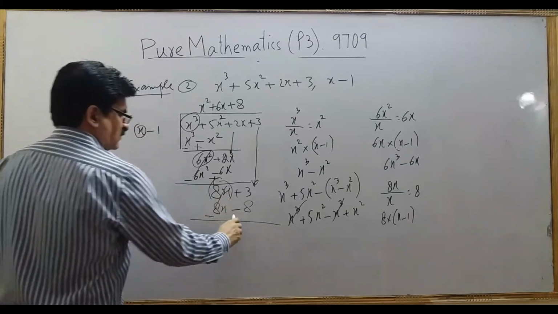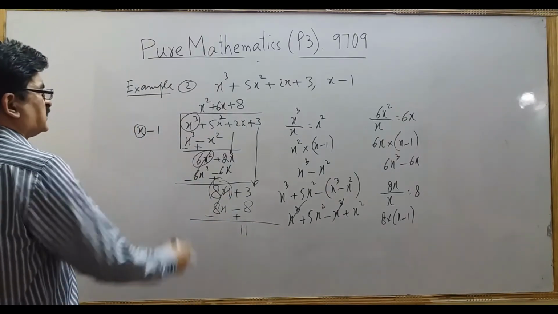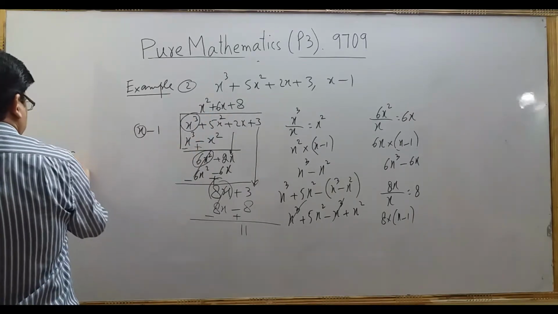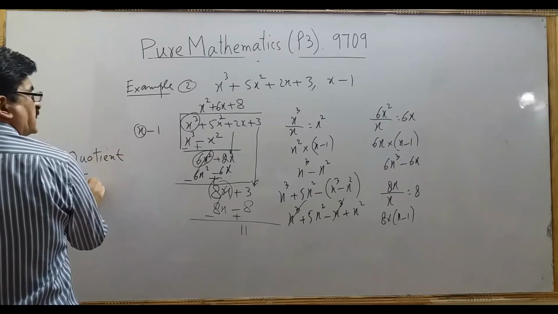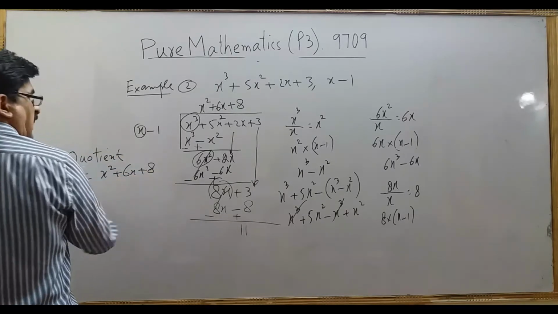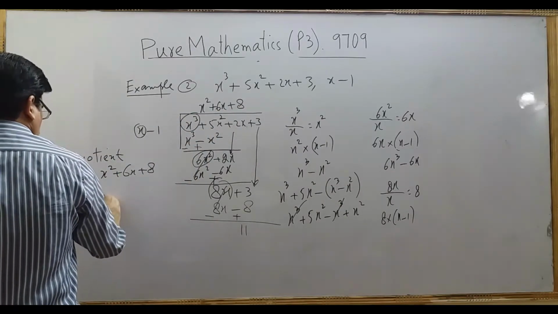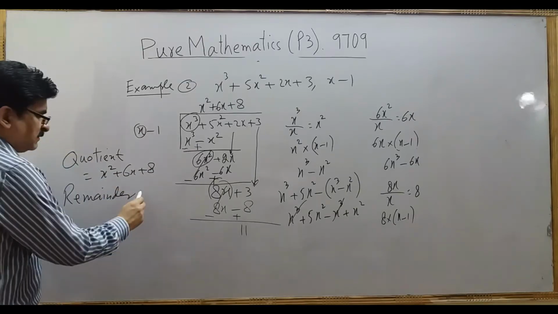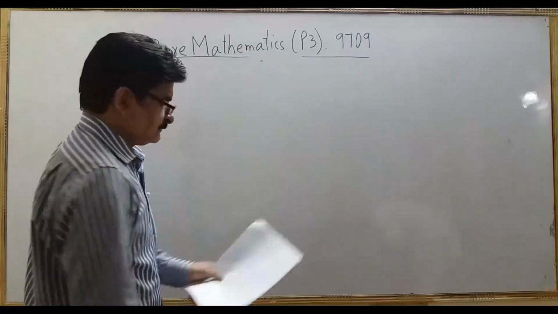It will be cancelled out and you will have 11. So the quotient is equal to x square plus 6x plus 8. The remainder is 11.